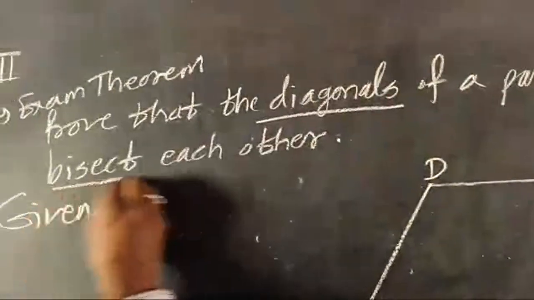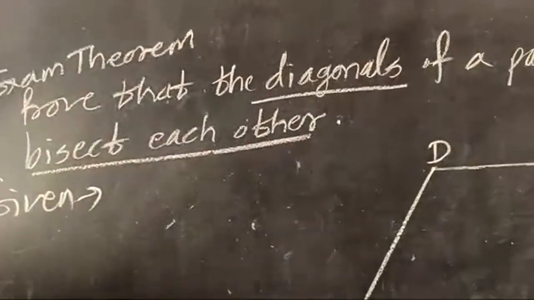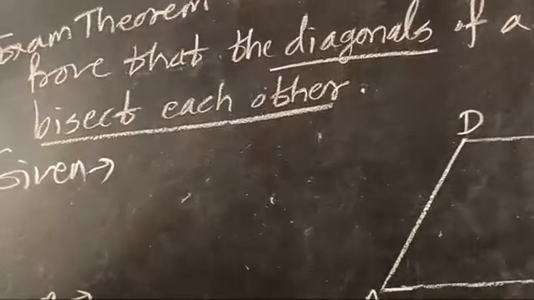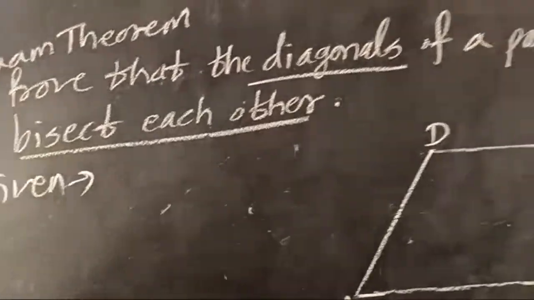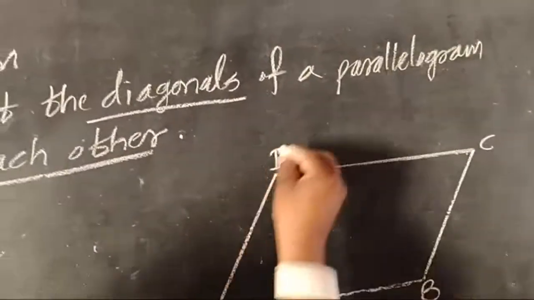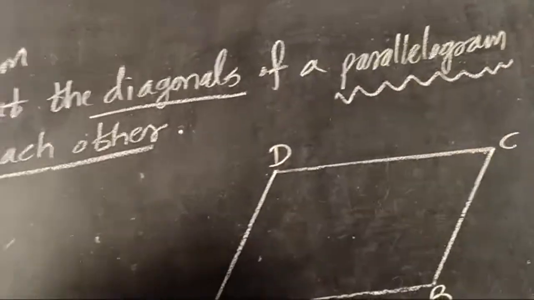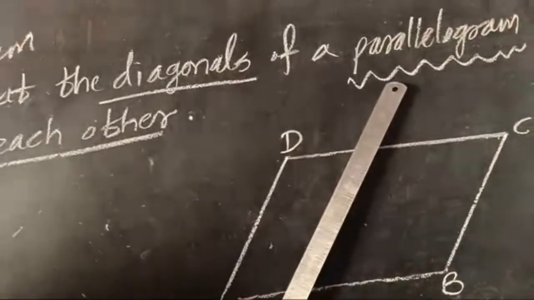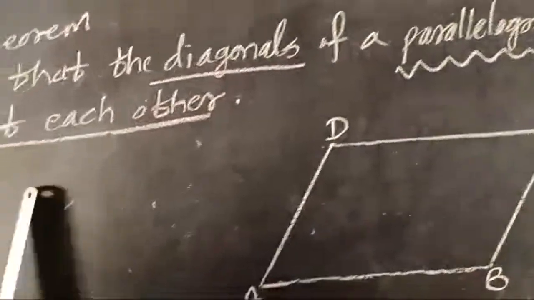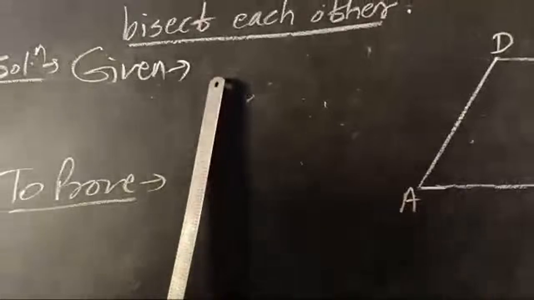Diagonals bisect each other. That is to prove. What is the remaining part? "Of a parallelogram." That word is important. The word parallelogram we write in the given. What do we write?